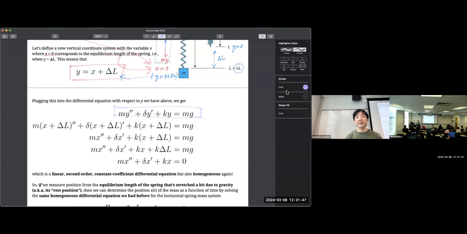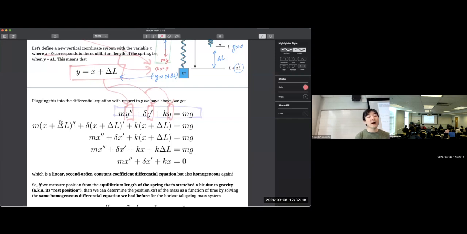So every single time I see a y double prime, y prime or y, I'm going to stick this new change of variables in there. So that means my y double prime will be m times (x plus delta L) double prime, plus the y prime would be (x plus delta L) prime, plus k, and this gets plugged into the y here.